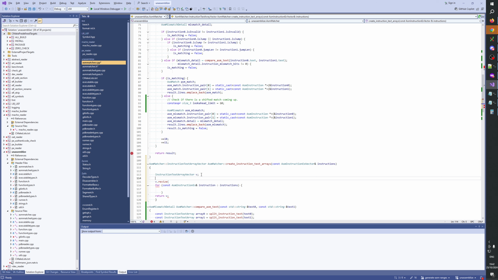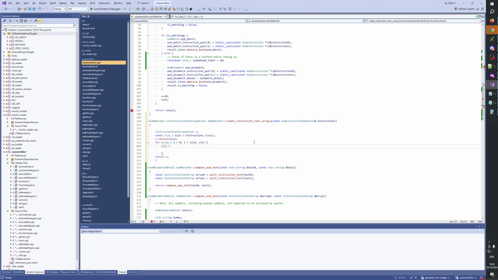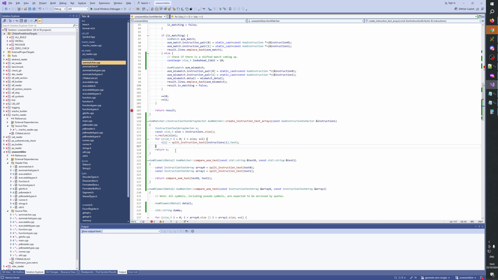Let's do const size_t size equals instructions dot size, v resize size, for size_t i equals 0, i smaller than size, plus plus i, and then v[i] equals split instruction text from instructions[i].text. Yeah.